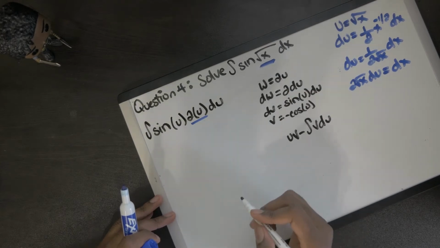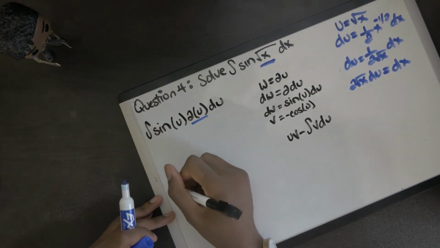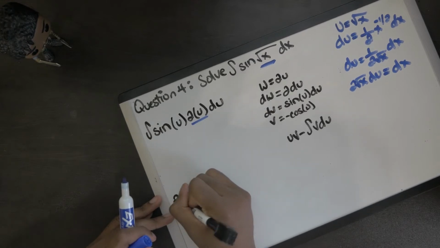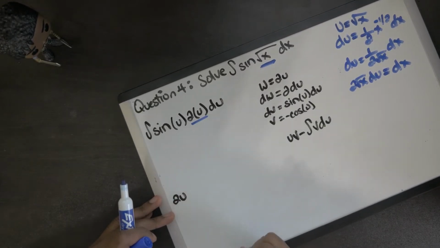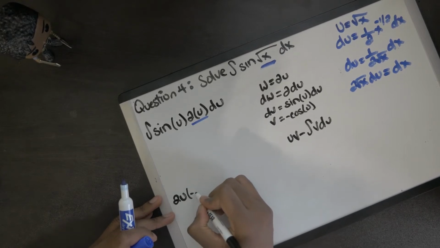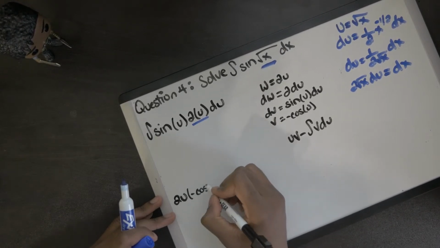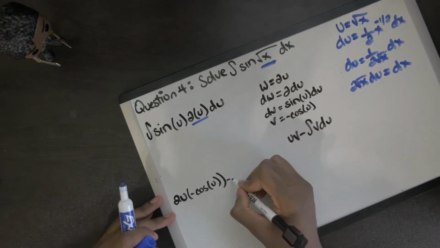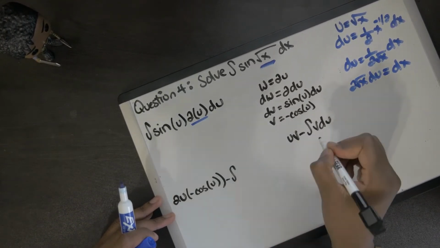So we're going to go ahead and plug those values in. So the u, or the w in this case, is going to be 2u times v, which is negative cosine u, minus the integral of v du.